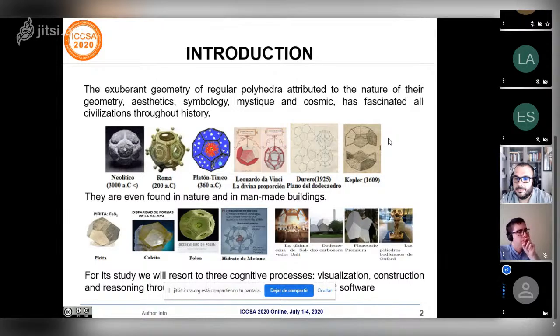Its study has been carried out through reasoning, construction, programming, and visualization using Mathematica 11.2 software.